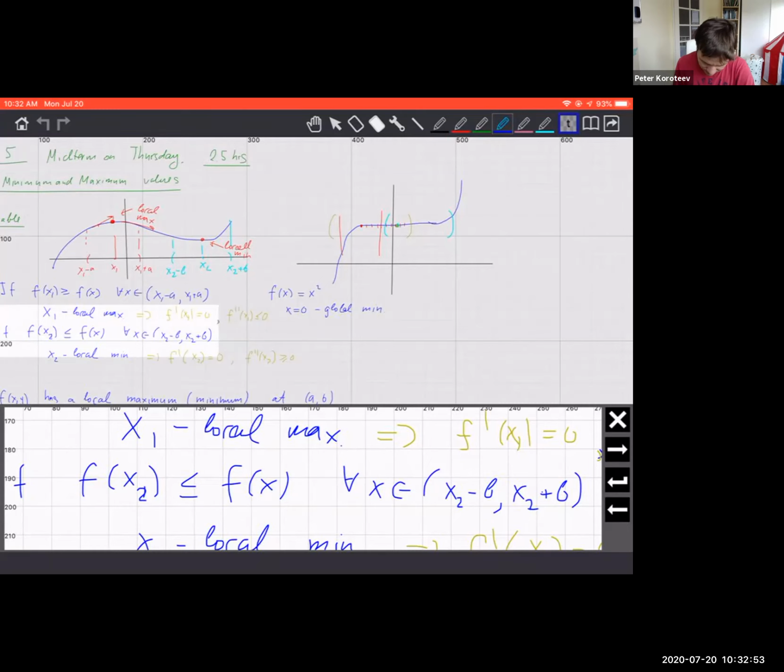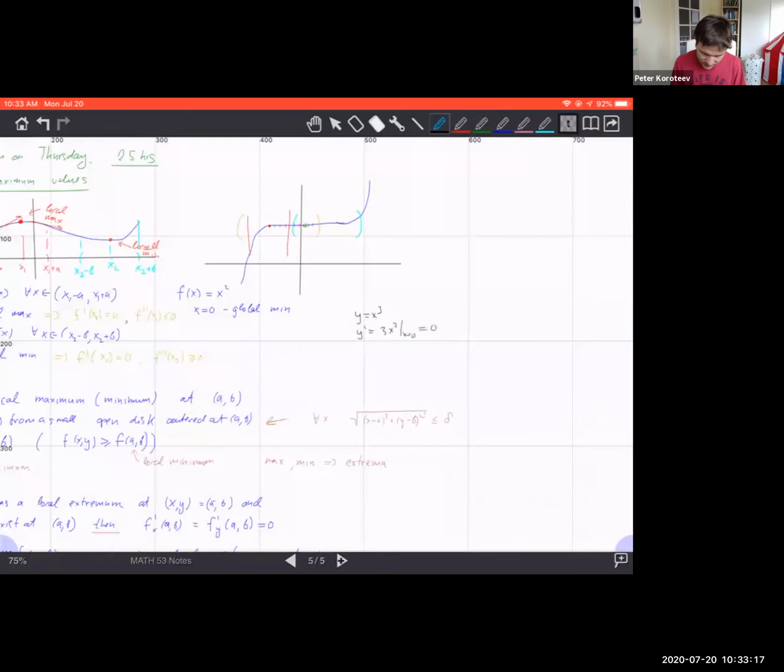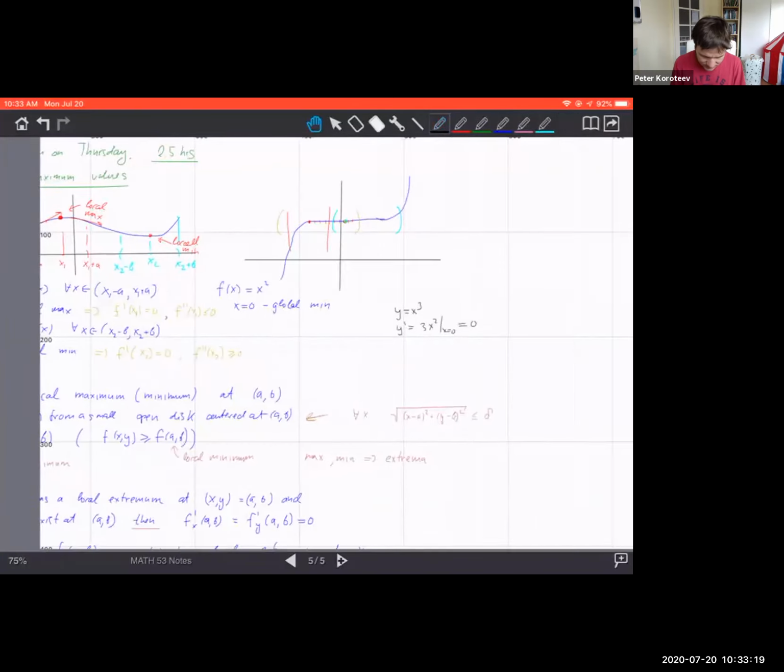So another example: y is equal to x cubed, right? Its derivative at x equals 0 is equal to 0, but of course it's not an extremum. So here there is no neighborhood, right? So this is not the minimum or maximum. Okay, so that's an example from analysis of one variable.